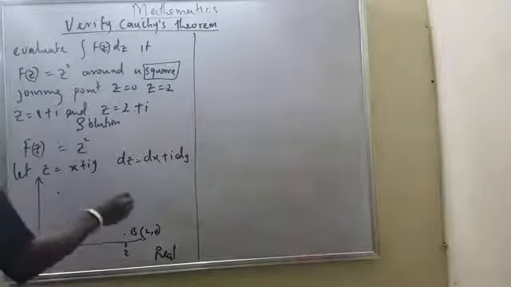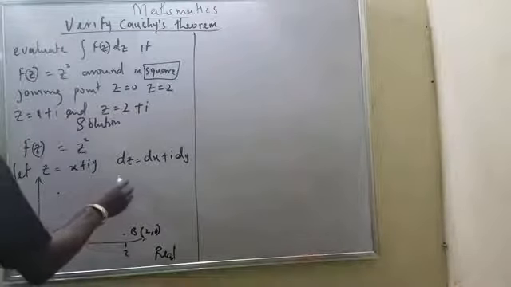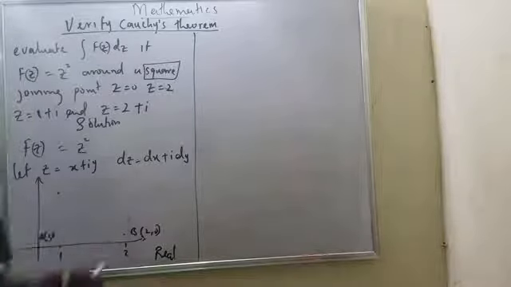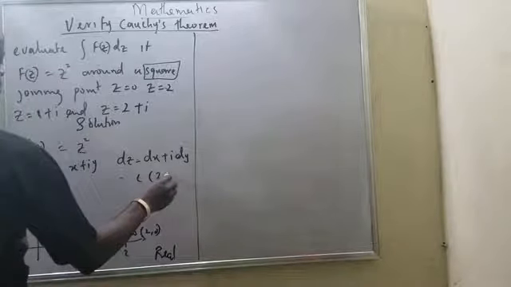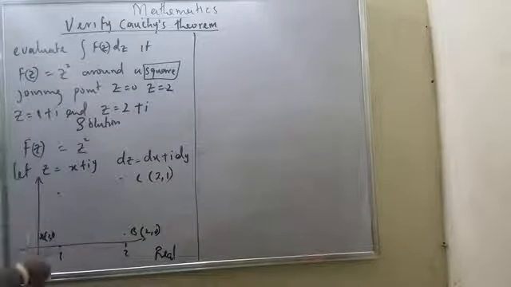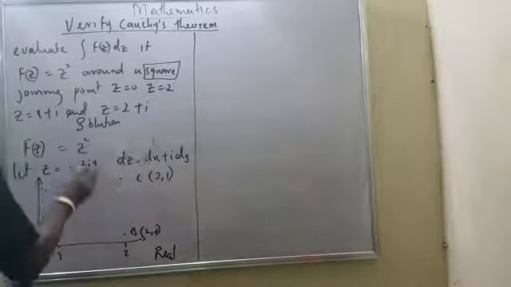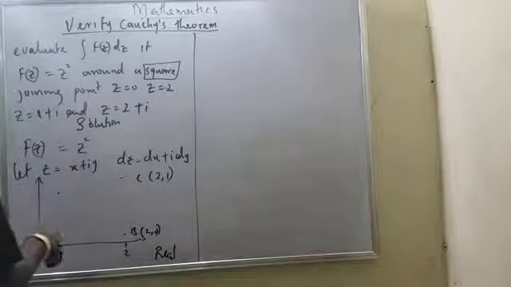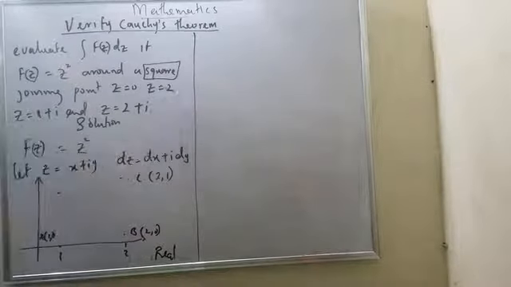And also we have C. C goes up like this. Everything we are working on, we are working towards 1, it means (2, 1). This is (2, 1). Now this is (2, 0). It means my real part is 2, and the imaginary part is 0.